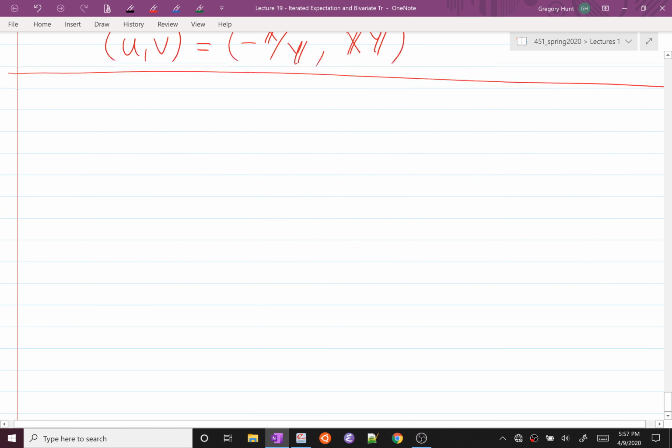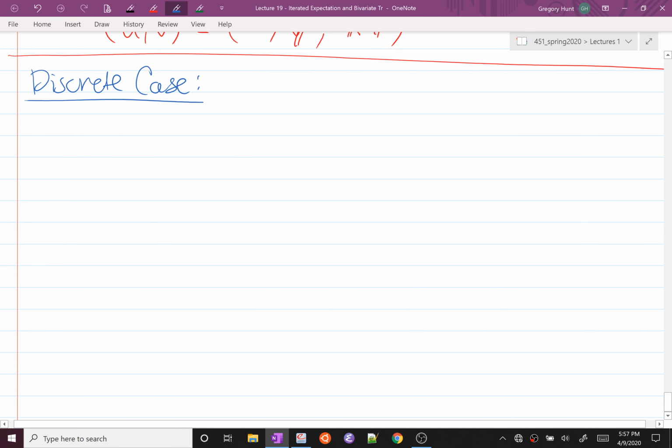Let's look at the discrete case. So what's going on in the discrete case? x and y are discrete. And what I'm going to do is define a set A sub uv.